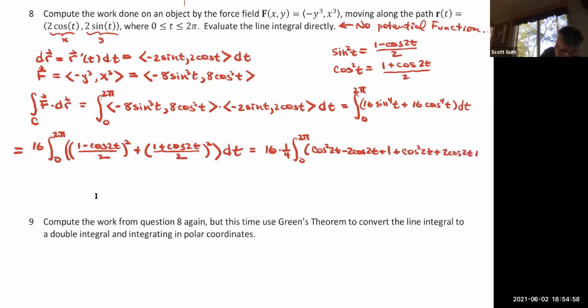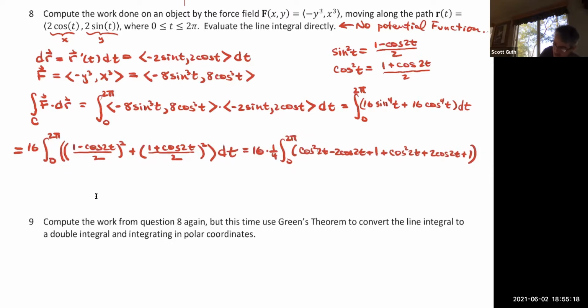And then plus 1. And of course, there's a dt out there somewhere. Like this. And of course, some cancellations, fortunately, not much.